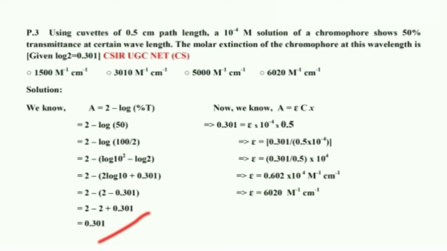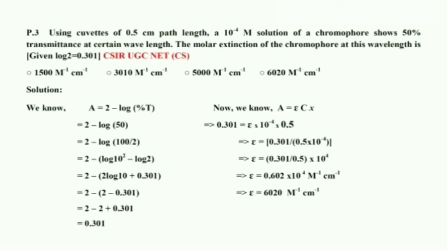A is equal to 0.301. Okay, so again using the relation absorbance A is equal to epsilon Cx, substituting the values of A, concentration and the path length x, we get 0.301 is equal to epsilon into 10 to the power minus 4 into 0.5.